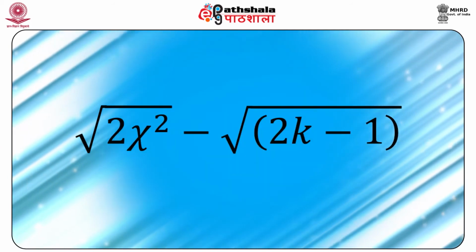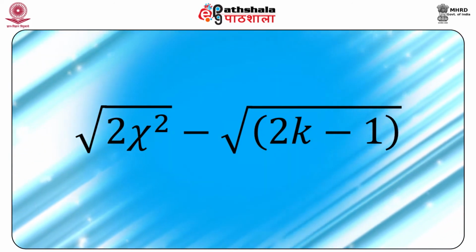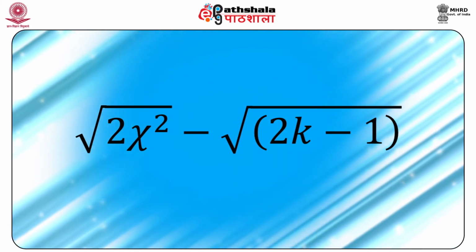And when the degrees of freedom exceed 100, the variable square root of 2 chi-square minus square root of 2k minus 1 becomes a standardized normal variable, where k is the degrees of freedom. The second property is that the chi-square distribution has mean k and variance 2k, where k is again the degrees of freedom.